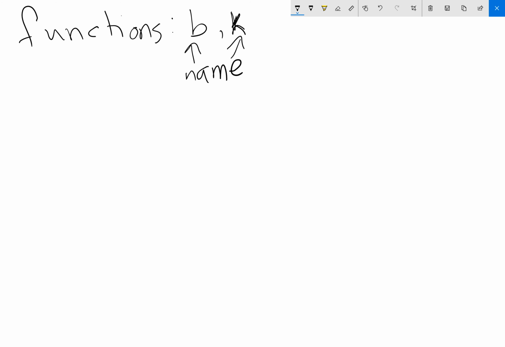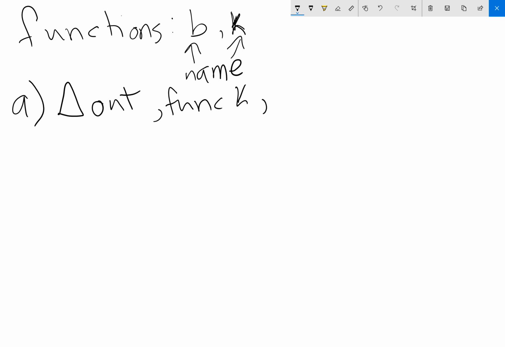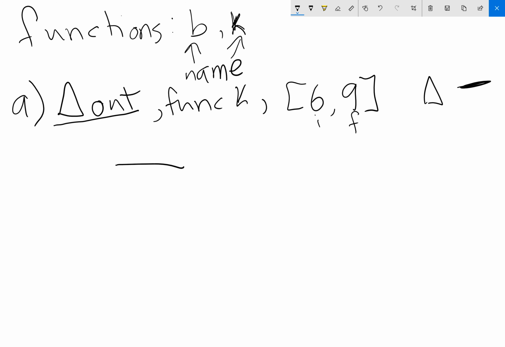So for a, it says use function notation to represent the change in the output of function k from an input of 6 to an input of 9. So from 6 to 9. We're starting at 6, so that's our initial, and this is our final. So we want to do the change of the output. We know that whenever we see change, we're probably going to do a minus, okay? And it's always going to be final minus initial.